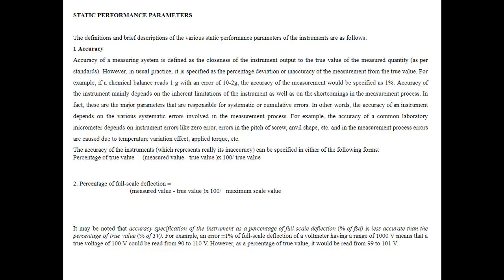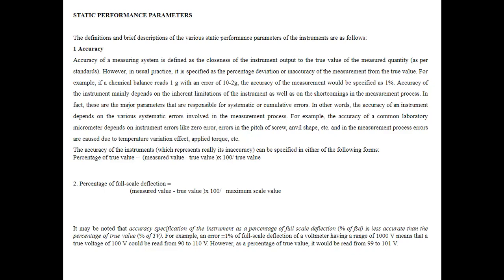Percentage of true value is equal to (measured value minus true value) times 100 divided by true value. Percentage of full scale deflection is equal to (measured value minus true value) times 100 divided by maximum scale value. It may be noted that accuracy specification of an instrument as a percentage of full scale deflection is less accurate than the percentage of true value.